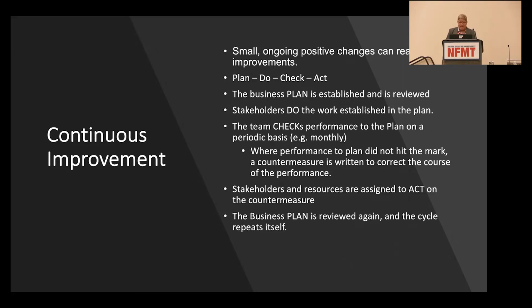The team checks the performance to the plan on a periodic basis, so it might be monthly. And then if we don't meet the plan, as far as performance, we put countermeasures in place where we try to have corrective actions. Stakeholders and the resources are assigned to act on the countermeasures, and the business plan is reviewed again, and the cycle repeats itself.